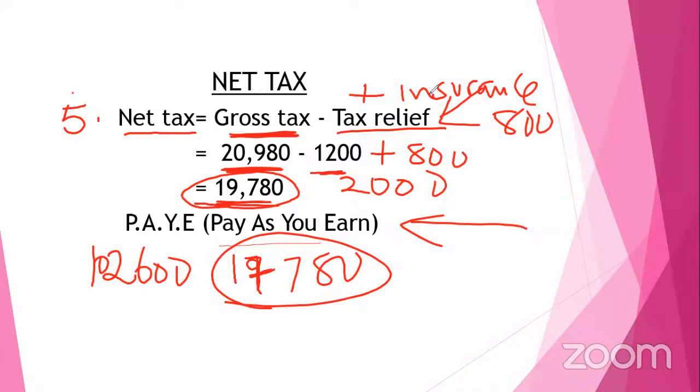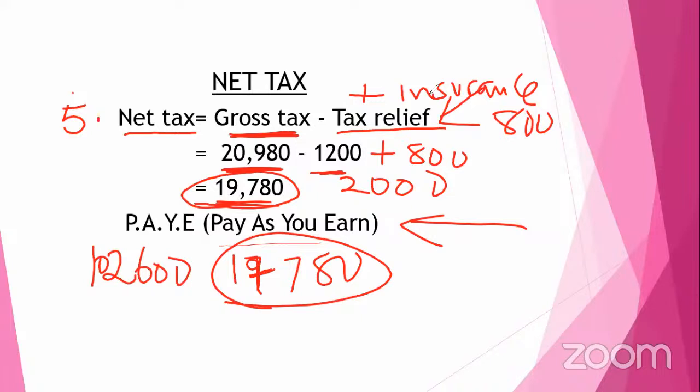This is where we use all reliefs, whether insurance, personal, or family, whatever it is. Insurance relief, you subtract it from the gross tax. Another question, is insurance relief for premium? I'm assuming you're asking whether insurance relief is paid for the premiums paid.